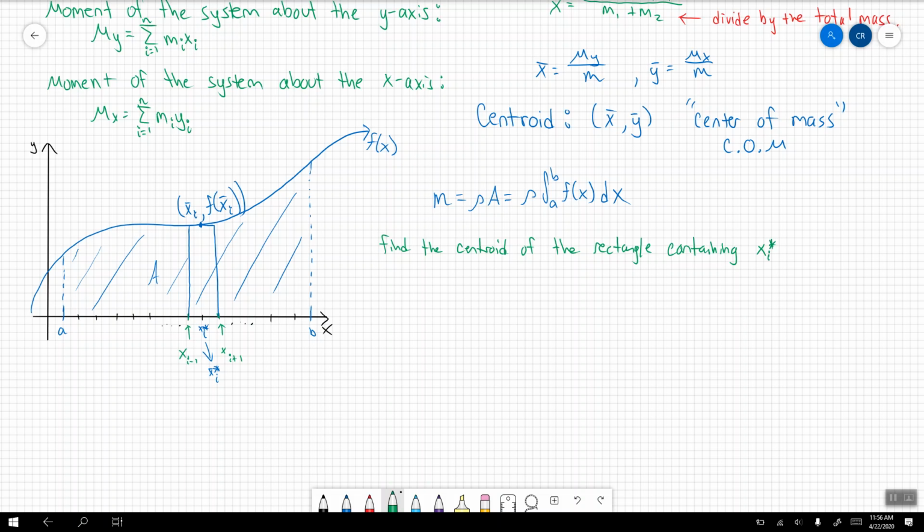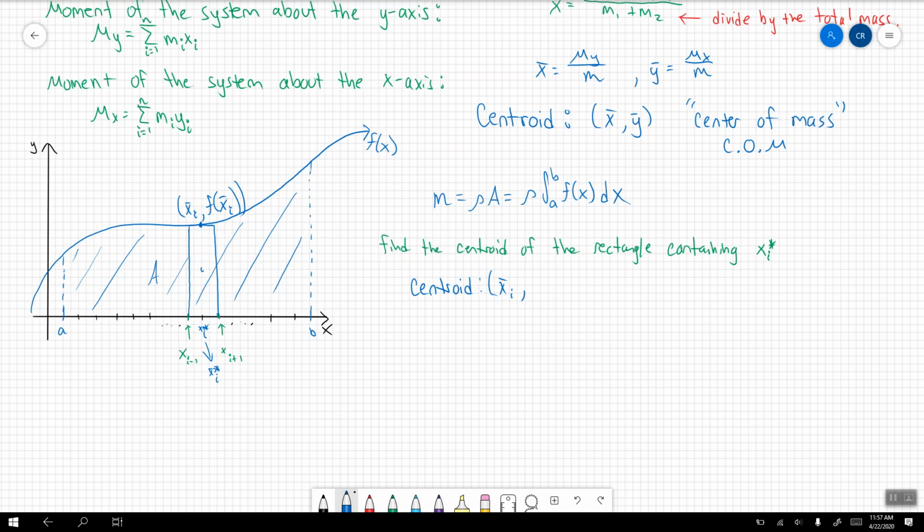Now, if this is the case, the centroid is actually going to be kind of nice here, because for that rectangle, the average of these two is just going to be x bar. That's just x bar, again, how we defined it.